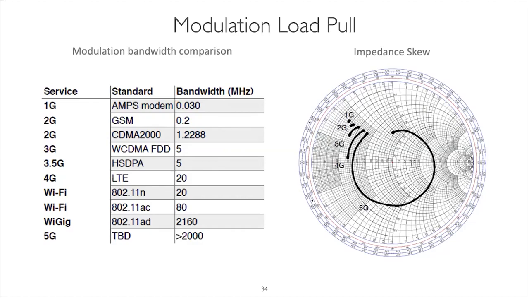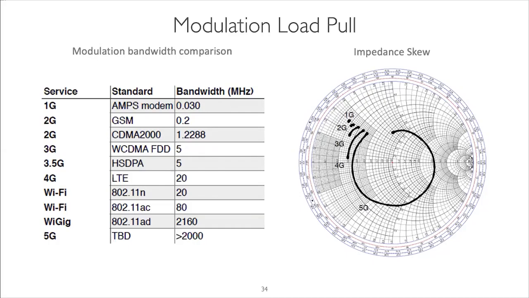If you look at previous bandwidths, they were relatively small. If you're looking at a 1 megahertz signal, 5 megahertz signal, even 20 megahertz signal, when you use a passive tuner, the passive tuner has a broadband response. So you're not just presenting a single impedance, you're actually presenting an impedance skew.